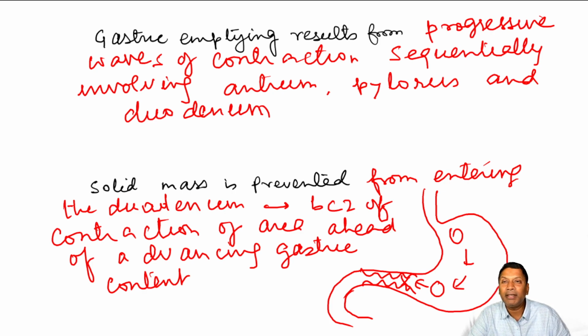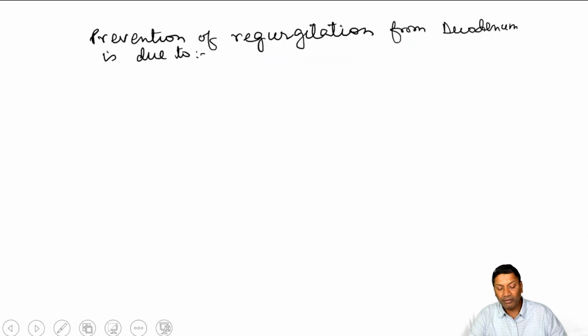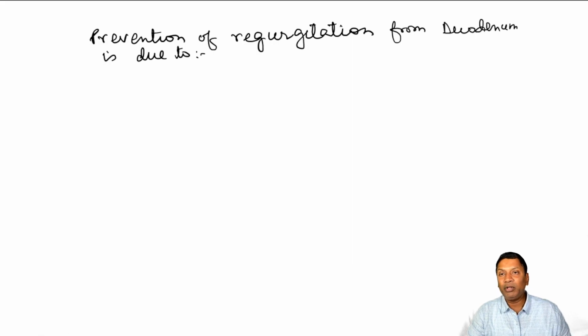Then how is it that the food or the chyme which entered the duodenum does not go back into the stomach again? How is the regurgitation of the chyme from the duodenum into the stomach prevented?